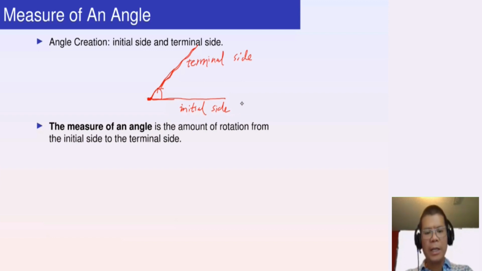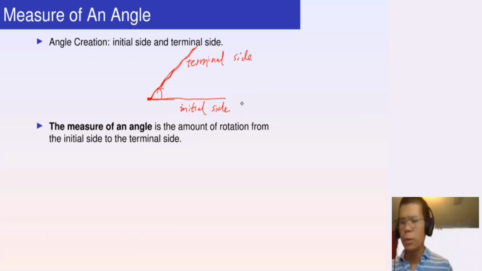Then we also have the measure. As you can see, the initial side is where you start, and then you rotate this initial side with the vertex fixed. At some point, you release it, and the resulting slope is the terminal side.